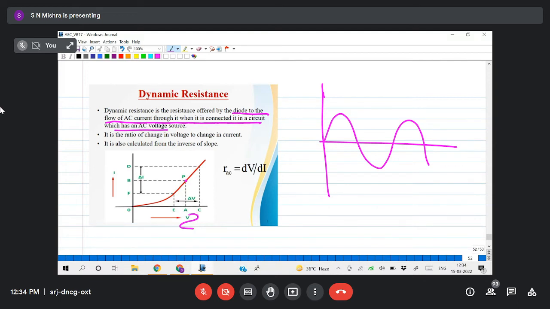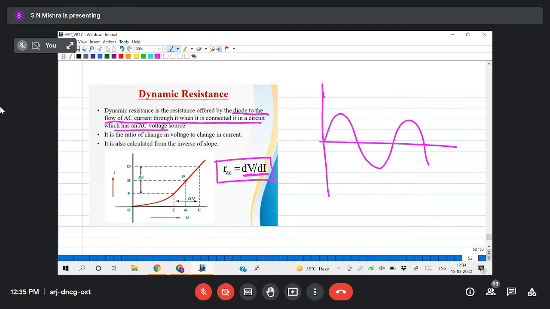So I observe across this, this much time, this is the time axis. Across this time, what is the variation in the current? So I observe the variation of voltage, that is dV, and the variation of current, that is dI or delta I_D. Then I take the ratio, and then I get the AC resistance. So change in voltage and change in current are required to find the AC resistance.